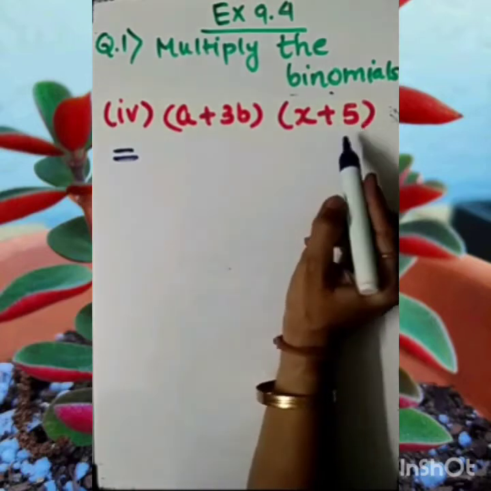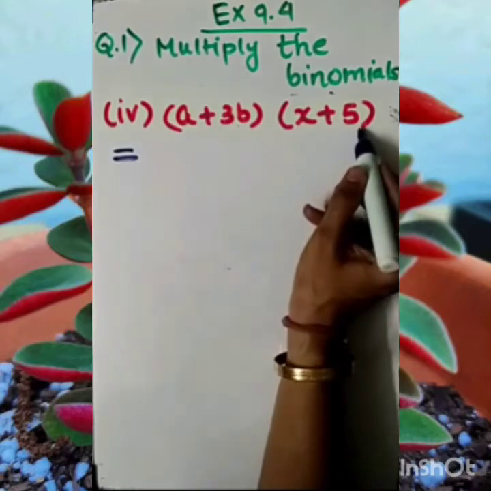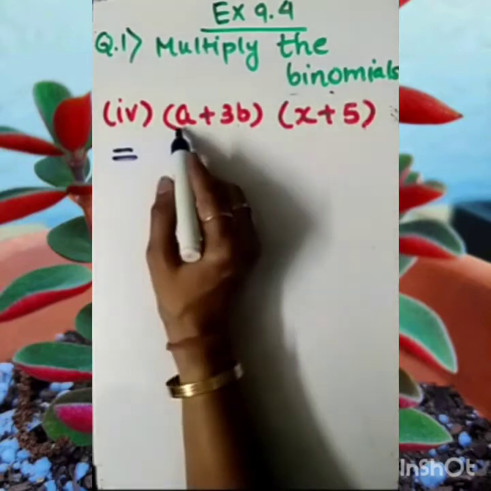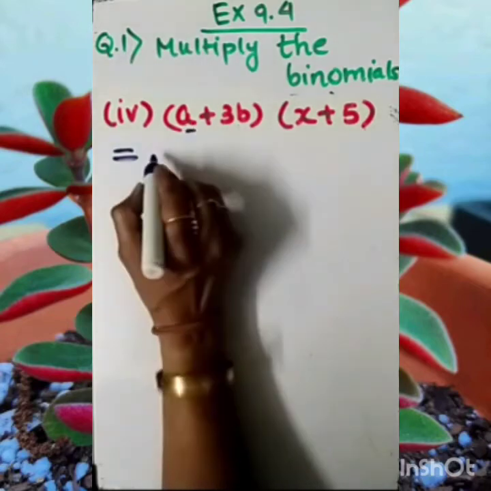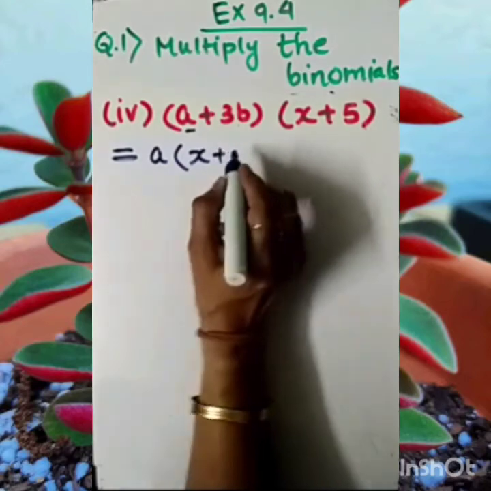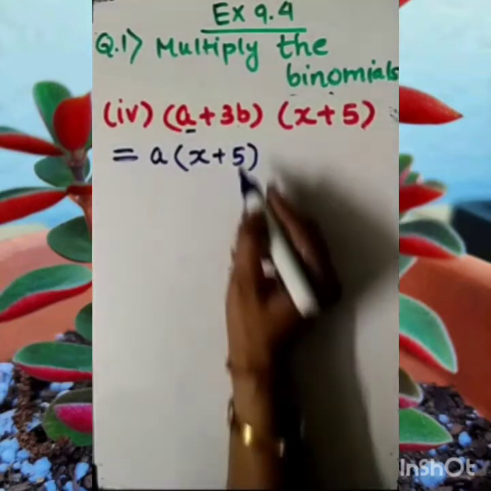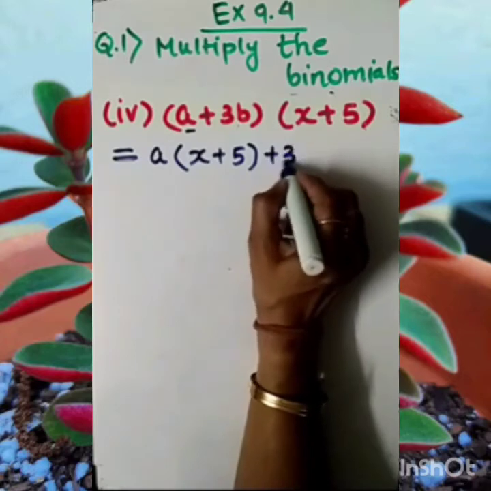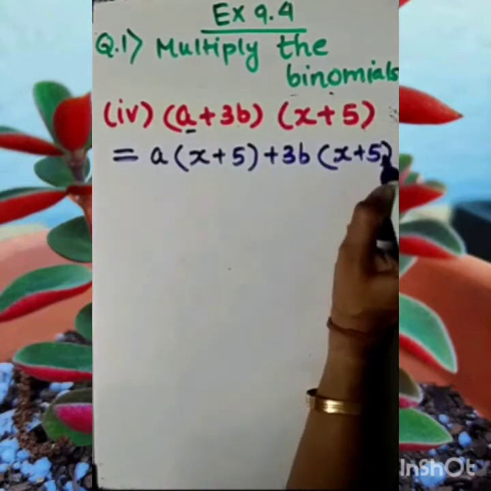Okay. Now we know that here also there are two terms, a binomial, okay, but they have different variables here. First, I am choosing the first term of this, so here I am writing it, and let me write the other full expression in the multiplication with the first term. Now, the second term 3b, I am going to multiply with the x plus 5. Clear?